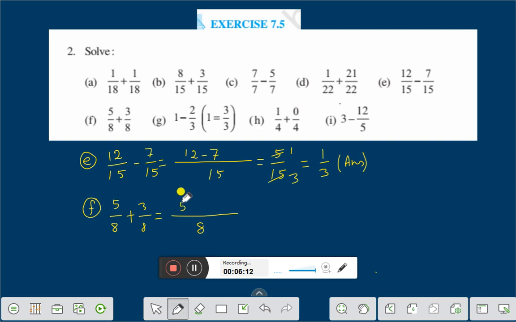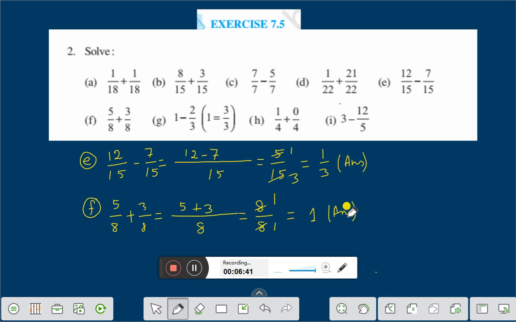It is 5 plus 3. 5 plus 3 is 8, that is equal to 8 by 8. If we change into lowest term, that is 1 by 1, and that is equal to 1. This is question number F.